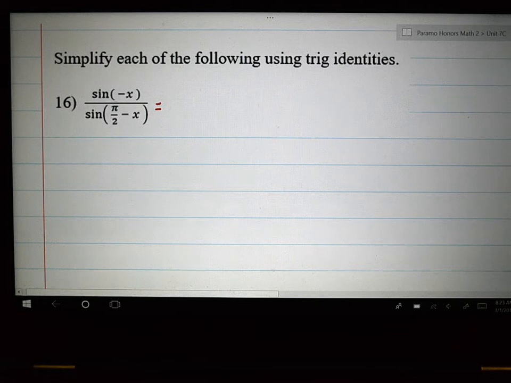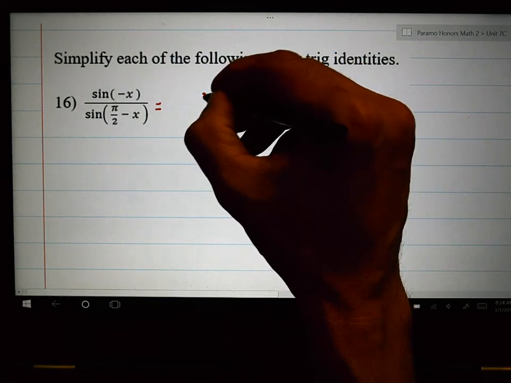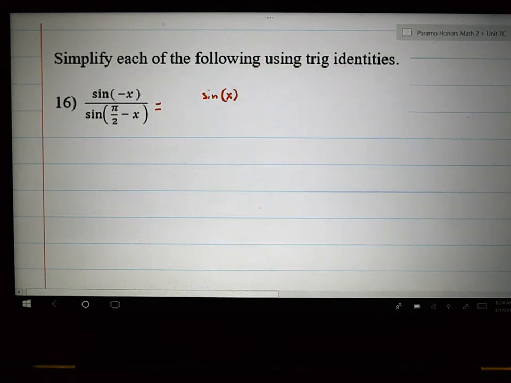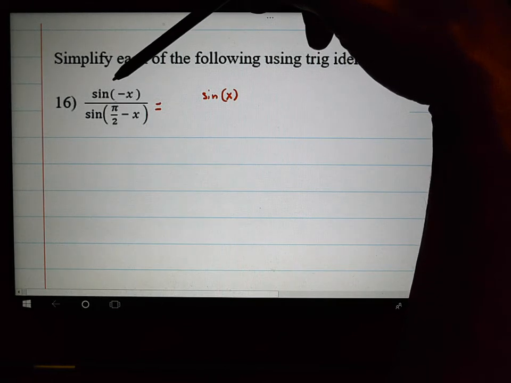I'm going to work on the numerator first. It says sine of negative x. Uh-oh, it has a negative angle. I need to switch this to a positive angle, so I know it's going to be a sine of a positive x, but now I need to make a decision. Is this even or is this odd?